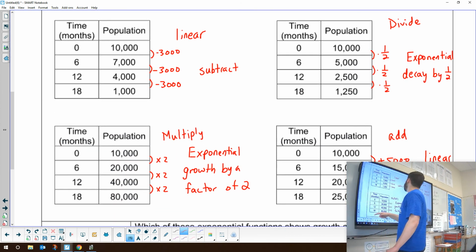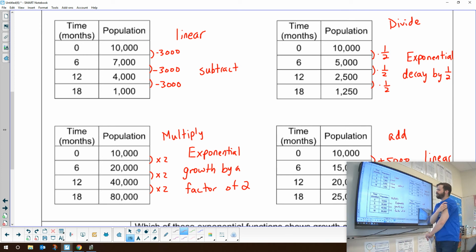Exponential growth is when, if we take a look at these tables, this first one here is a linear growth. It only goes by a certain amount each time. My population, the time is in intervals, but my population is just going down by the same amount each time.